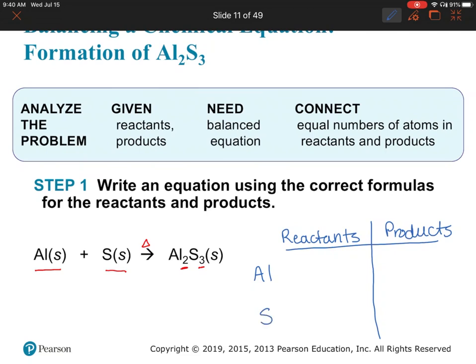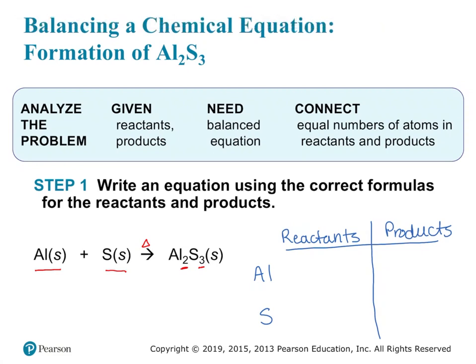All right, so then I start counting how many of each element I have on the reactant side and on the product side. So on the reactant side, I have 1 aluminum atom and 1 sulfur atom. And then on the product side, looking at those subscripts, I can tell that I have 2 aluminum atoms and 3 sulfur atoms.